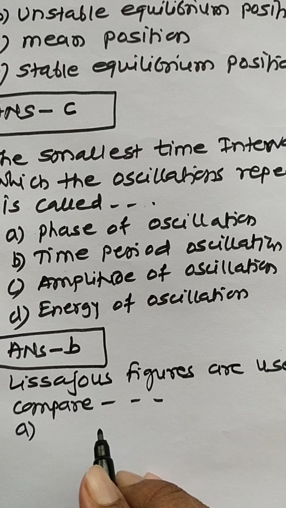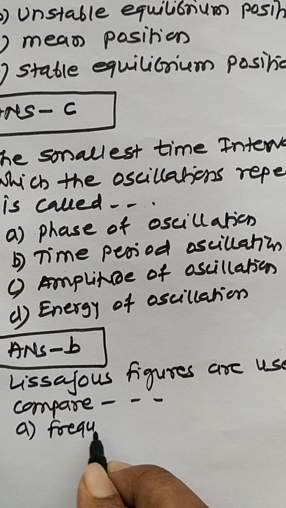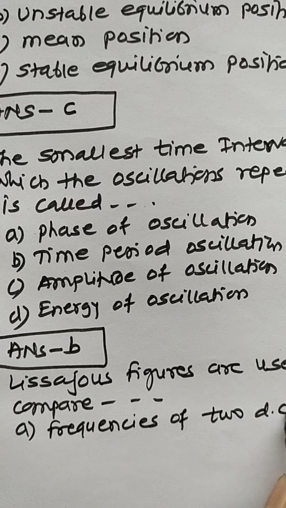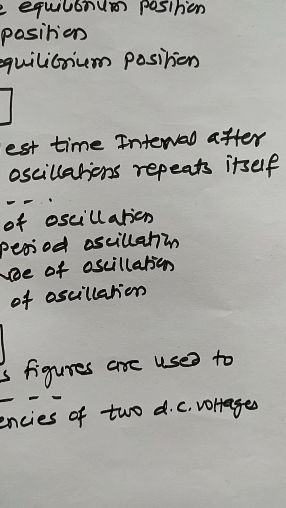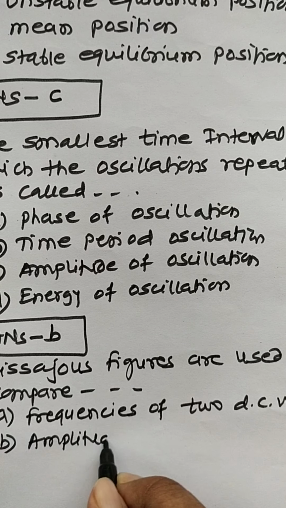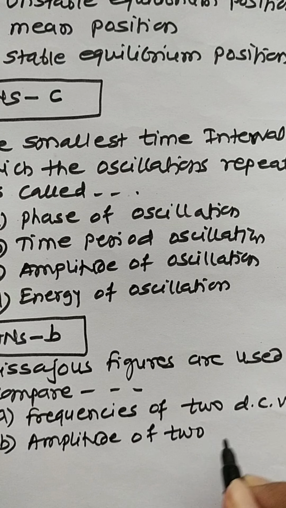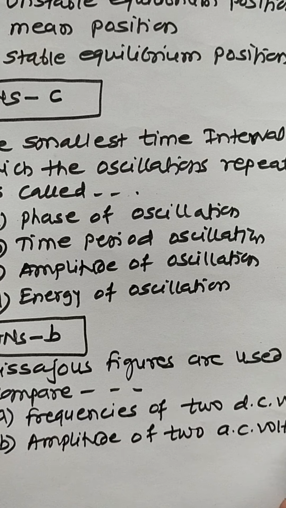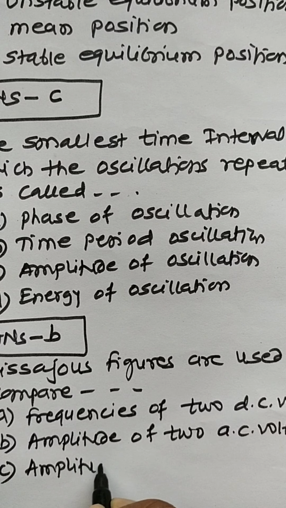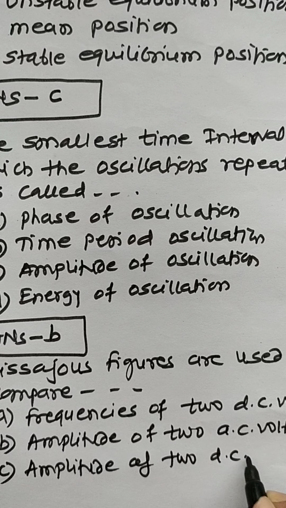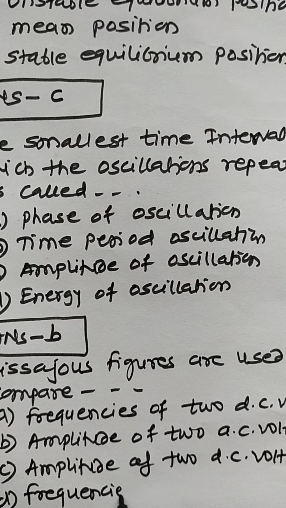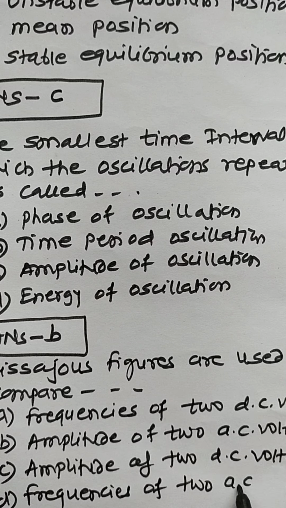Options are: A, frequencies of two DC voltages; B, amplitude of two AC voltages; C, amplitude of two DC voltages; and D, frequencies of two AC voltages.